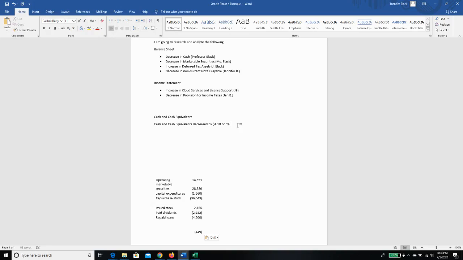I'm going to say cash and cash equivalents decreased by 1.1 billion or 5%, primarily due to a 36.6 billion stock repurchase, as well as dividends of 2.9 billion, loan repayments of 4.5 billion, and capital expenditures of 1.6 billion. You can see I'm just listing where we spent money.